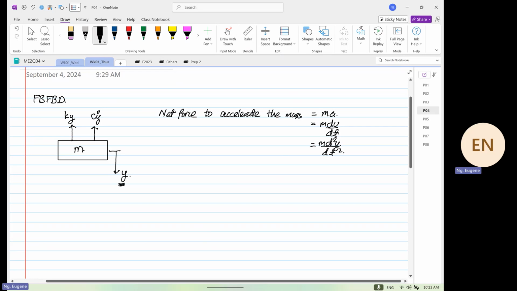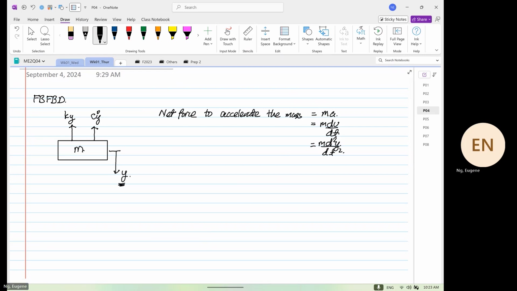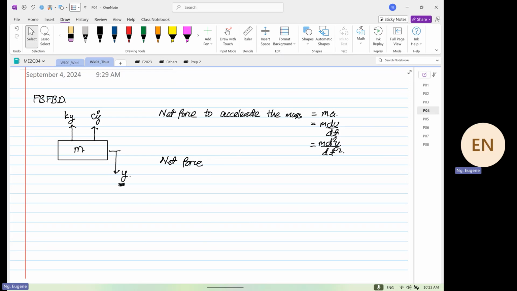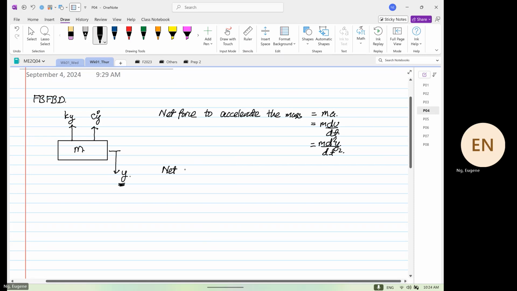Then we have the net force not to accelerate, due to the spring and damper.